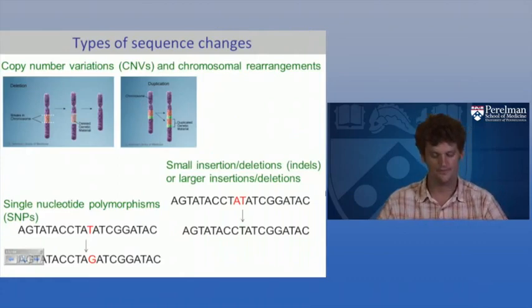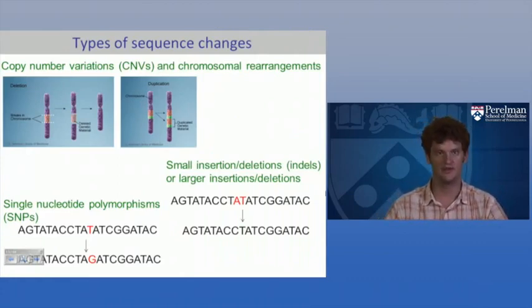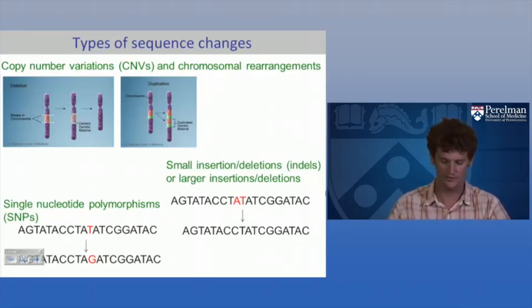So what types of sequence changes do we see in the genome? I wanted to summarize, before we start talking more about how different sequence changes give rise to different phenotypes. We talked in one of the earlier lectures about copy number variations and structural rearrangements.